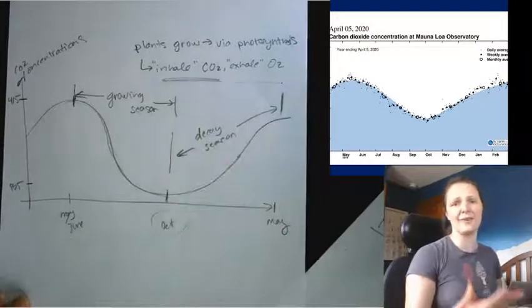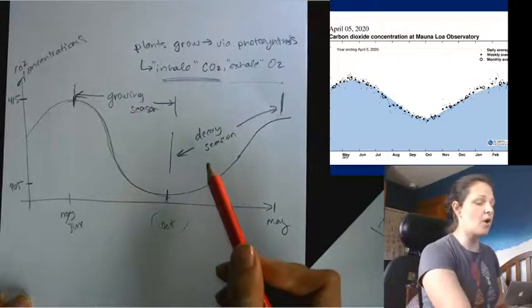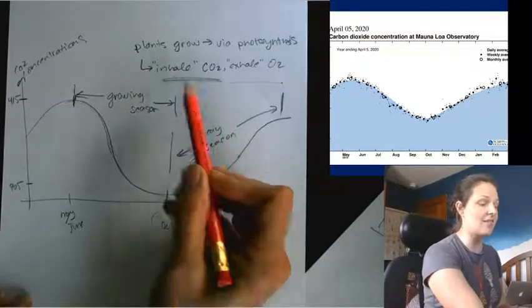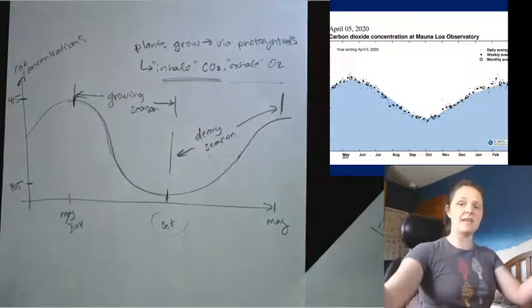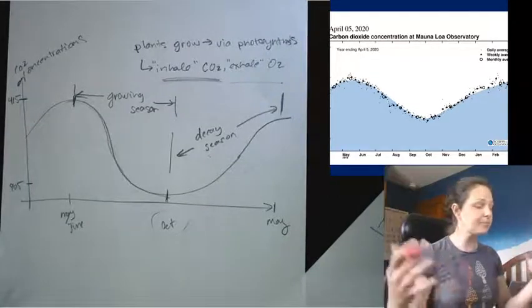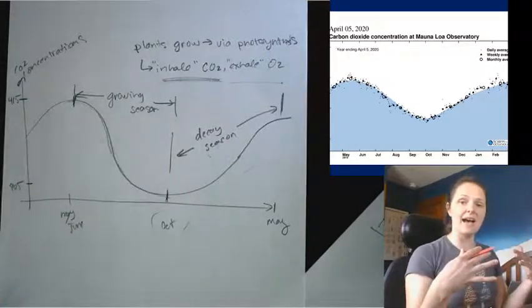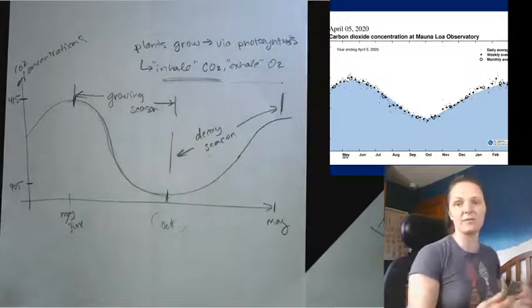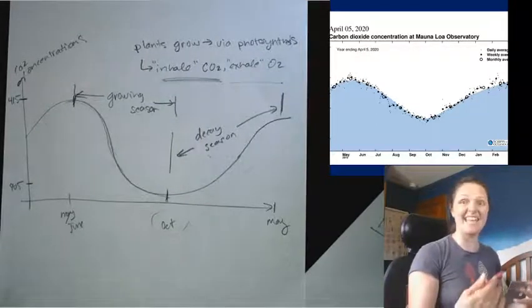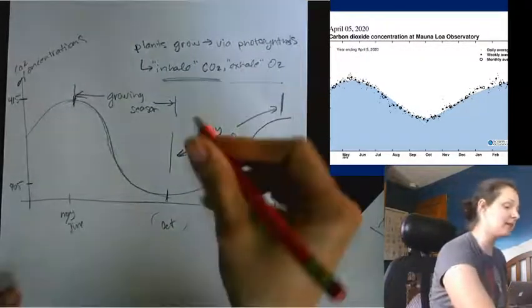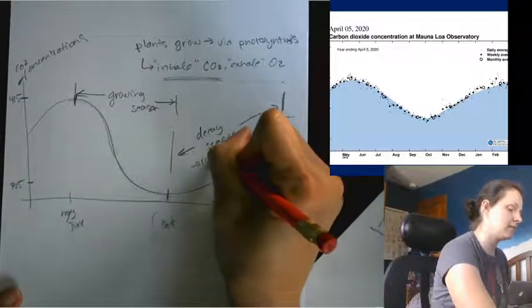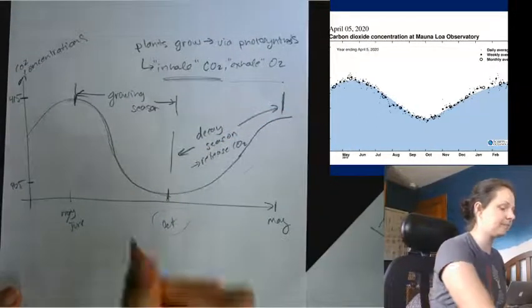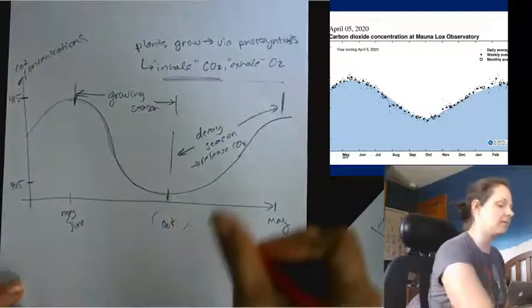Things are just trying to survive. So over the decay season, the opposite happens. They've been inhaling all that carbon dioxide during the growing season, and now during fall and winter they are decaying. They break down, so they release CO2 into the atmosphere.